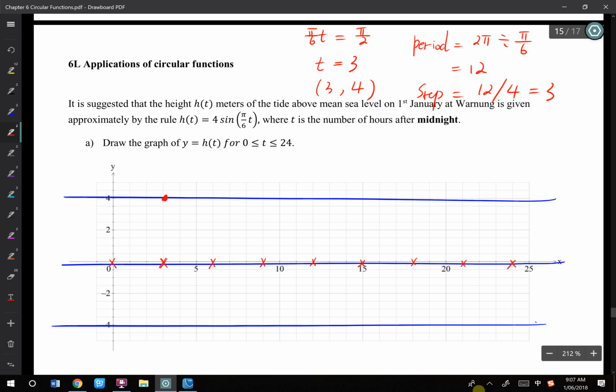So the point can move to the middle, the minimum, middle again, maximum, middle, and back to the midline.